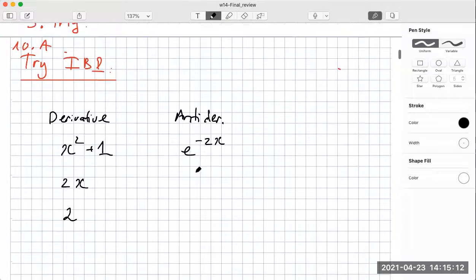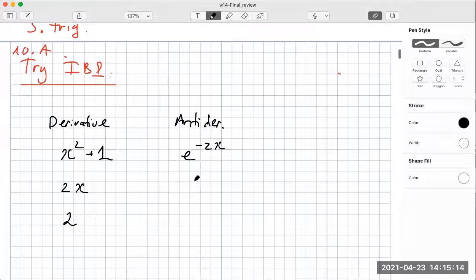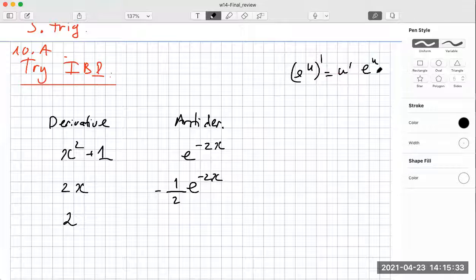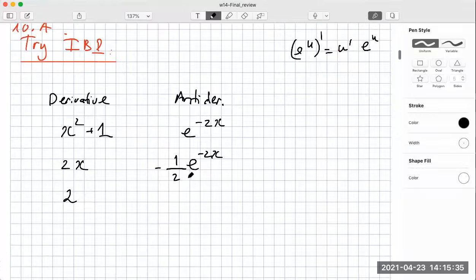And here, we should take the antiderivative of this guy. What do I miss here? Very good. Because e to the u derivative, it will be u prime e to the u, right? Now we can double check it by taking the derivative of this guy, clearly it gives us this.